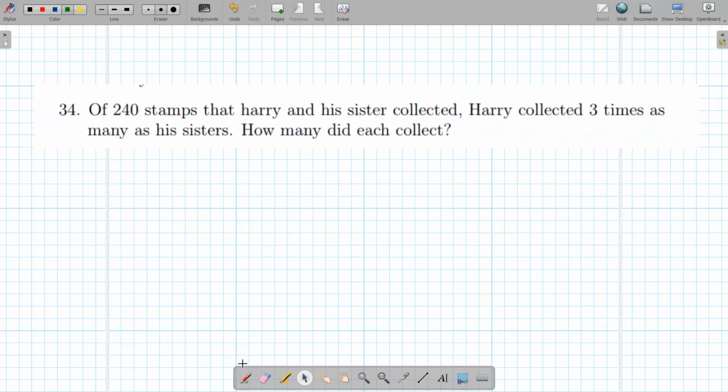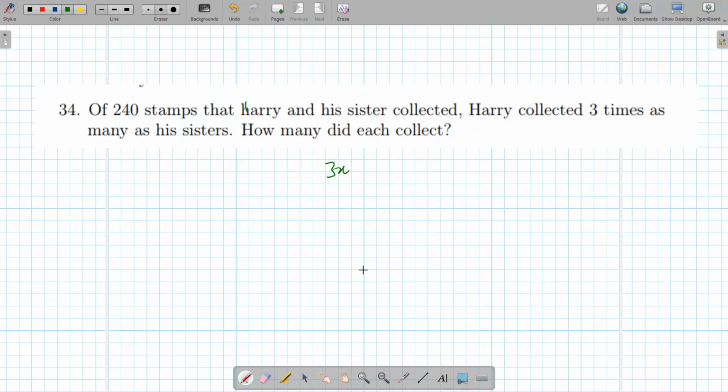How about this? 240 stamps were collected by Harry and his sister. Harry collected 3 times as many as his sister. How many did each collect? So he collected 3x.